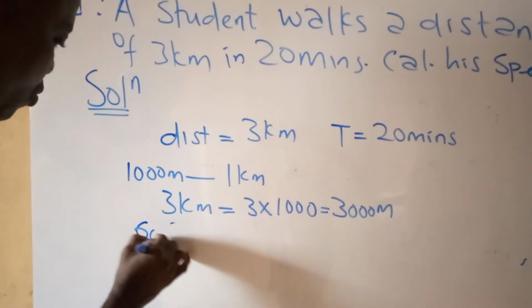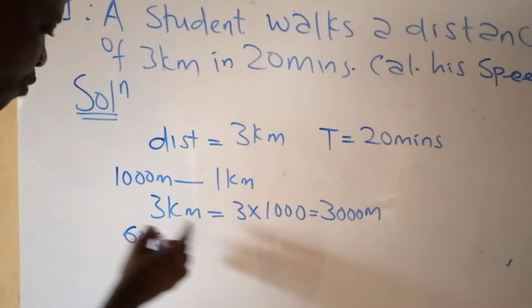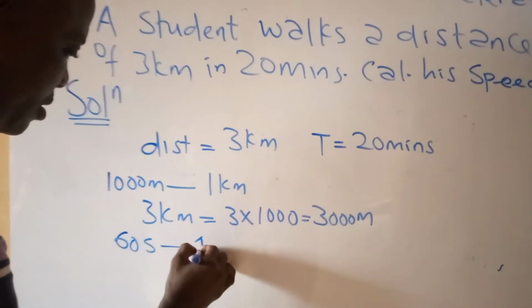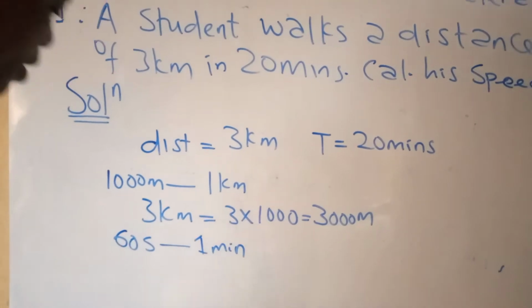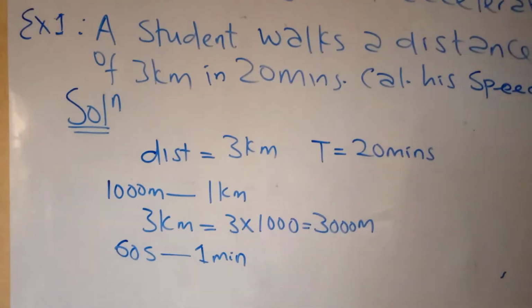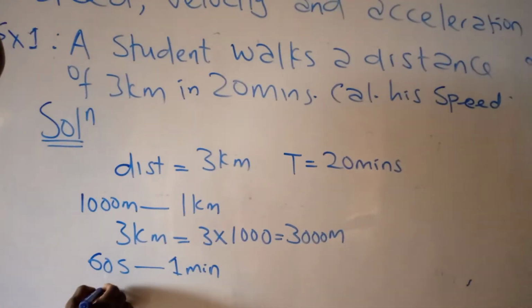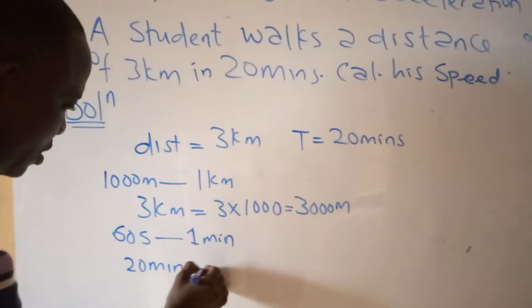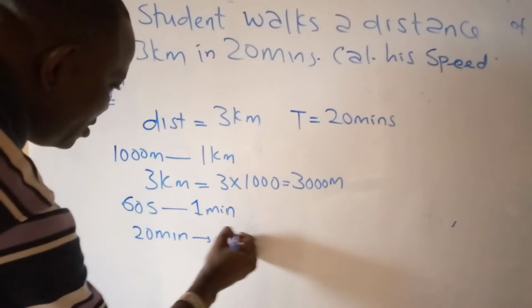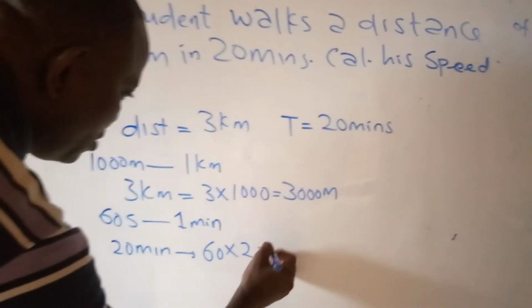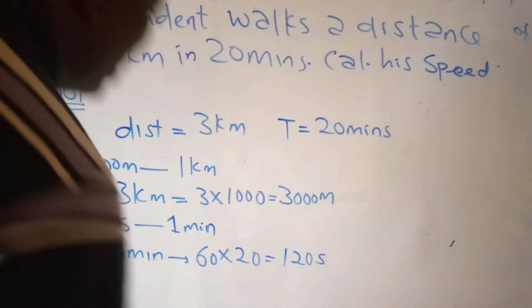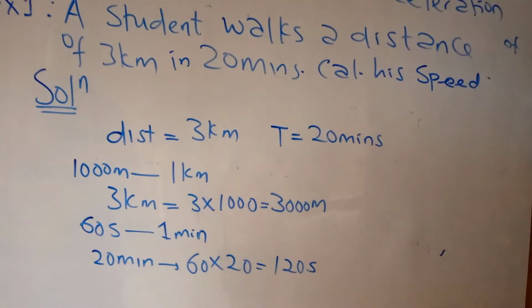Let me write here for the sake of understanding and clarity. 60 seconds will make 1 minute. Now, having said this, we can now take our 20 minutes to seconds. It is now going to be 60 times 20, which gives 1,200 seconds.